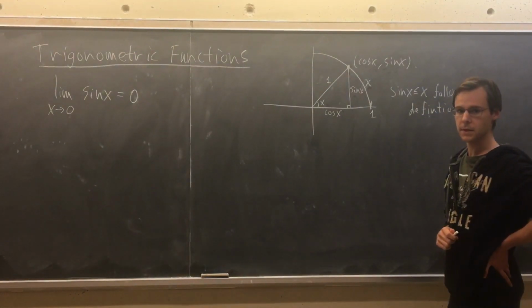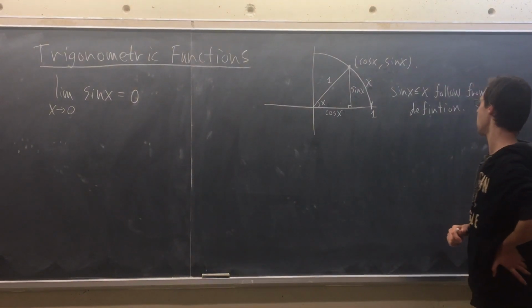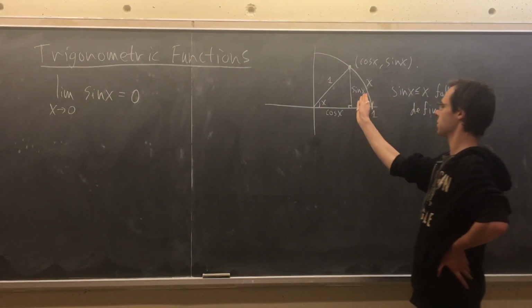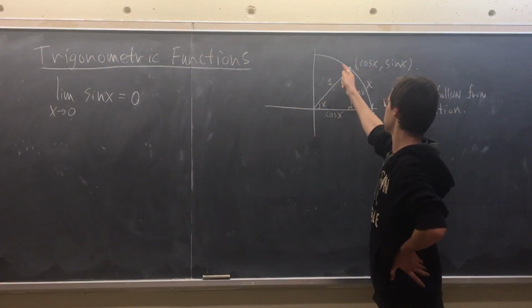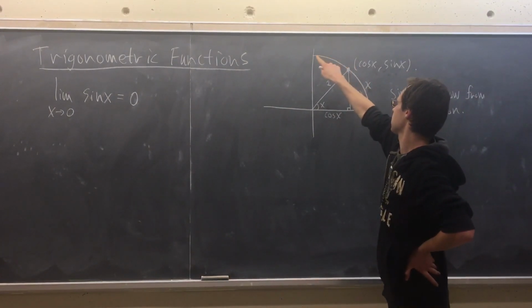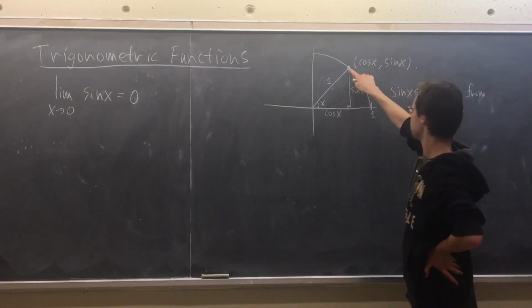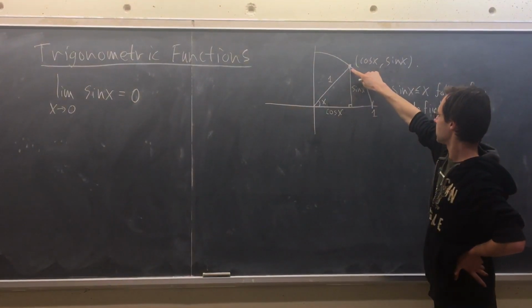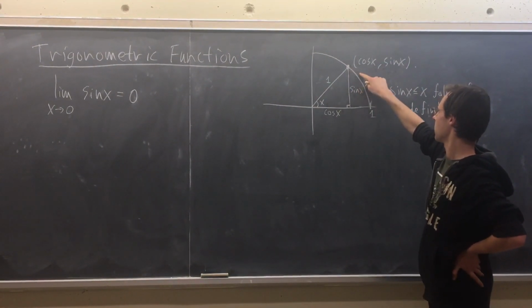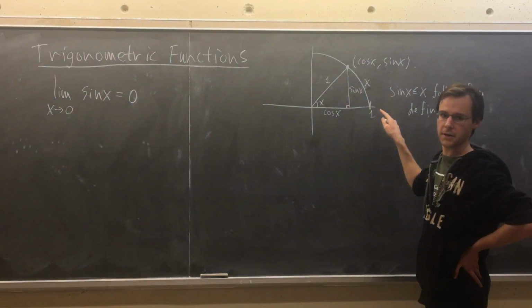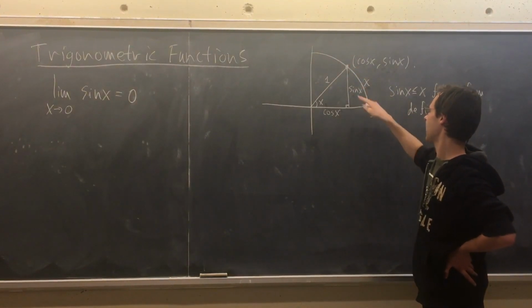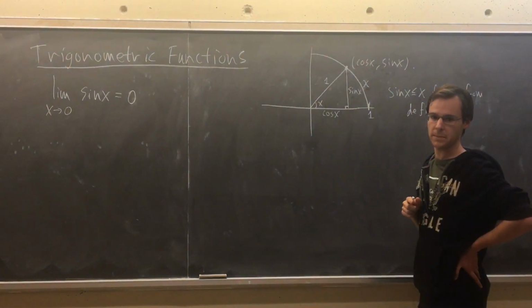Now, this inequality holds for all positive x's. You can see as you go around the circle, sine x keeps getting bigger, but so does x. And x is always bigger than sine x because sine x is just the height of this point, while x is the length of the entire arc. The arc has to be longer than just the vertical drop distance.